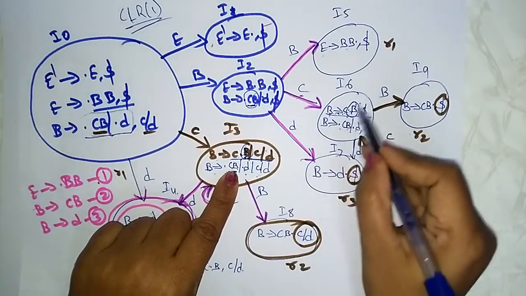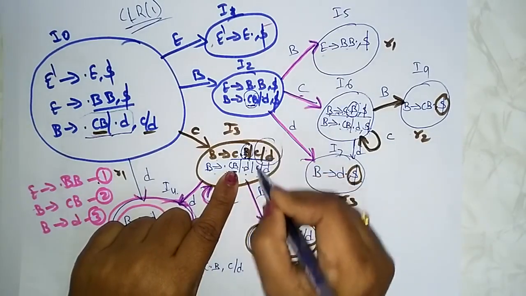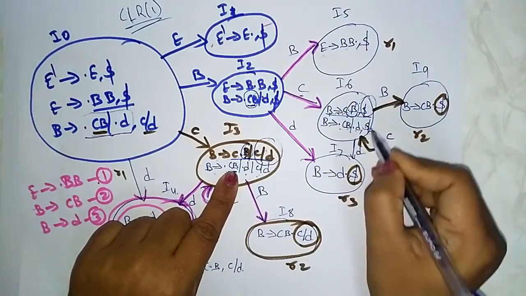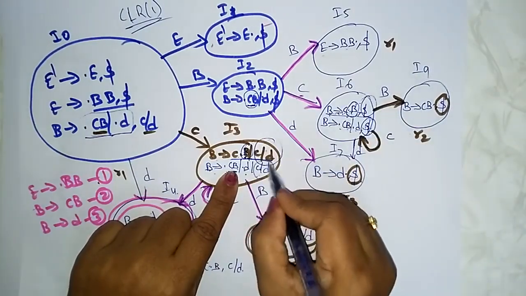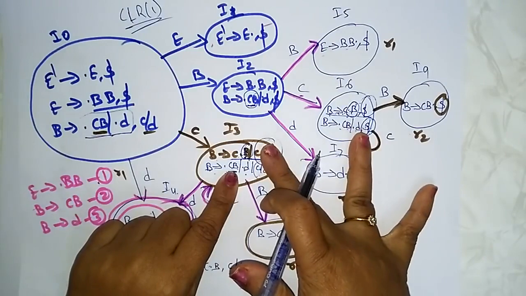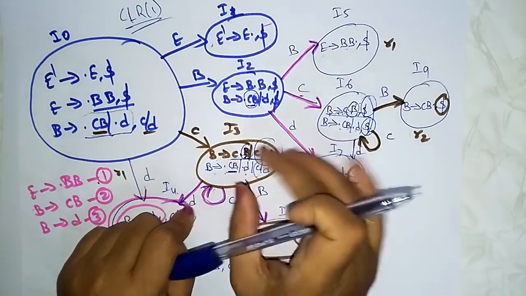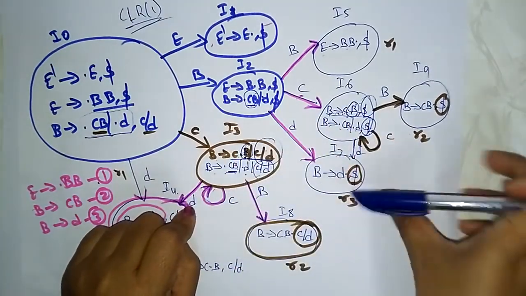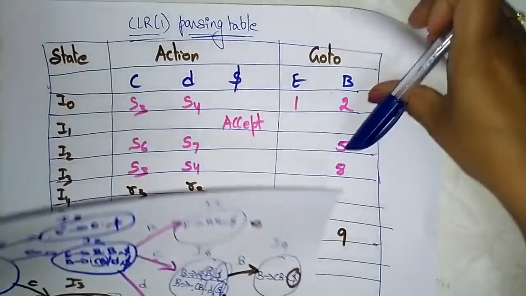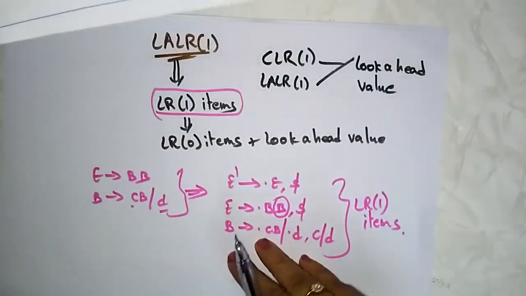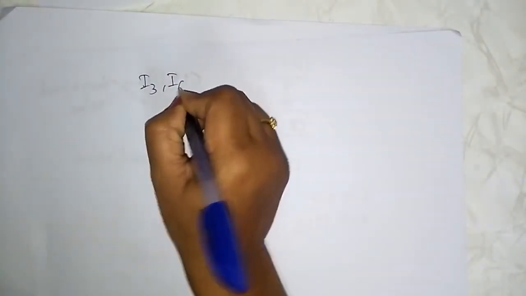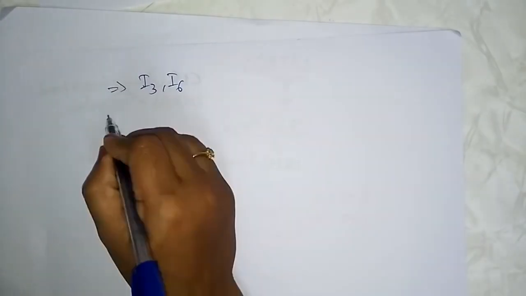The productions are the same, but the only difference is the look ahead values: C/D and the dollar. So you combine I3 and I6.